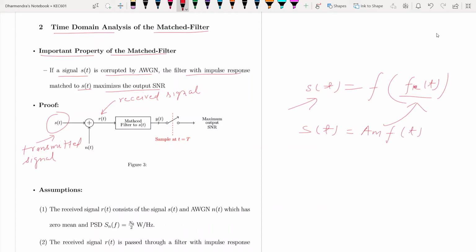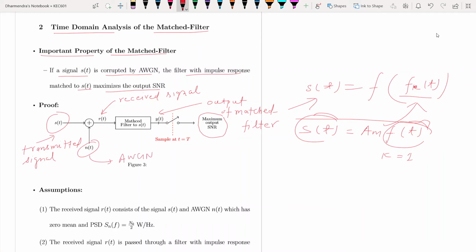This is one dimension, so k equals 1. So matching of s of t is equivalent to matching of the basis function. And this y of t is the output of the matched filter, and then we sample. We want to see the maximum output SNR if s of t is corrupted by AWGN, additive white Gaussian noise.